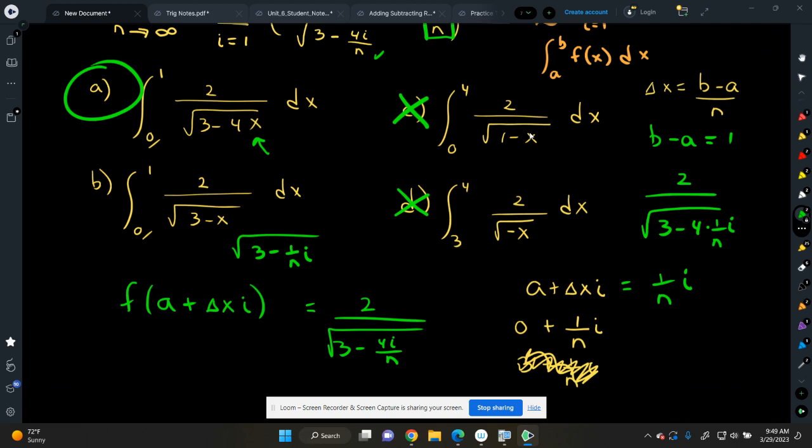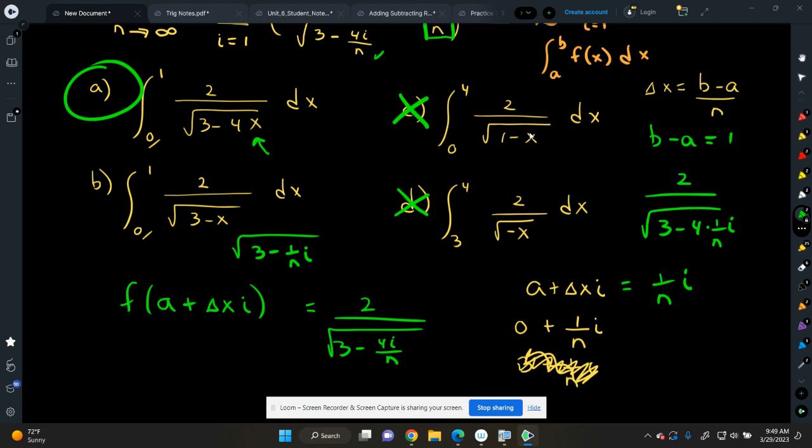Yes. Couldn't you just say, because we already said delta x was 1 over n, that it's b minus a, and then look at all the problems and realize that the only one we didn't cross out for b minus a being 1? Well, letter B minus A would also be 1.